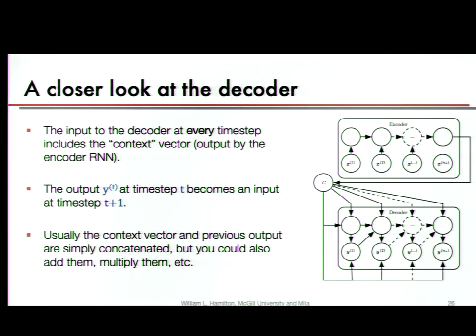And usually, when we're including both the context vector and the previous output, we're just concatenating these two things. But there are a lot of design decisions here, and I'm going to say this up front. I'm going to discuss standard encoder-decoder models, some standard variations of this. But this is by no means a statement that this is the only or the right way to do it. You think about LSTMs, all these gates, all these different design decisions. You could do concatenation.